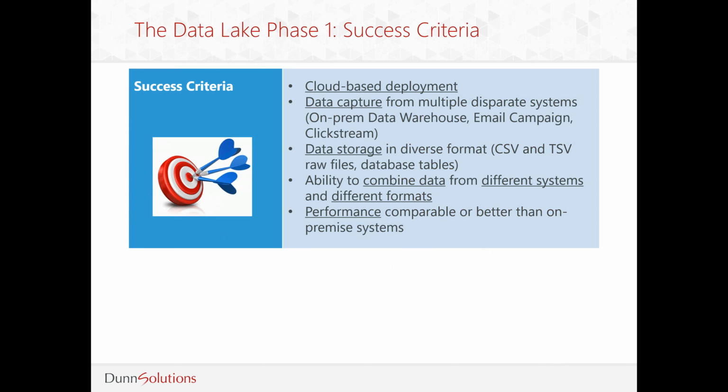The other success criteria was we should be able to combine the data from these different systems in different formats, and we should be able to get good performance. The performance has to match at least what we get with our on-prem, maybe even has to be better than that. So those were the success criteria we came up with before we started the project.